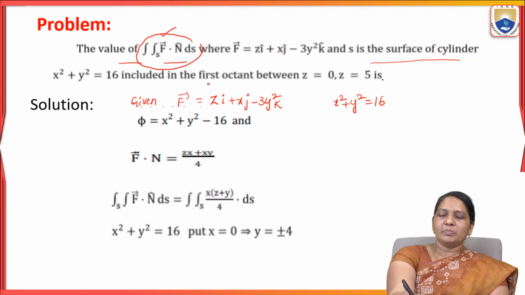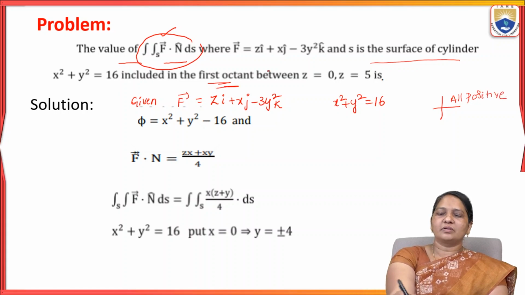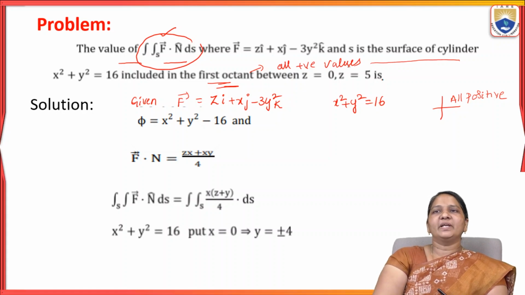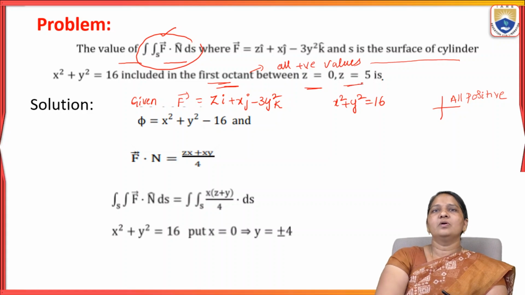First octant means the first quadrant, all positive values. Between z equal to 0 and z equal to 5.